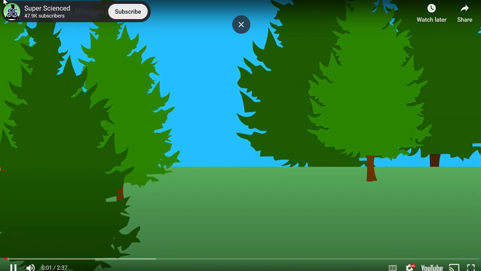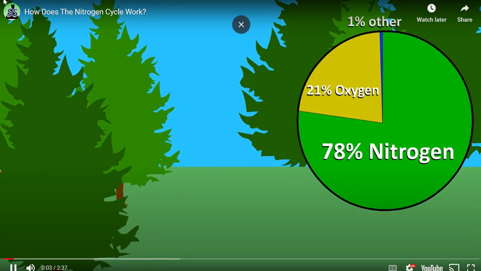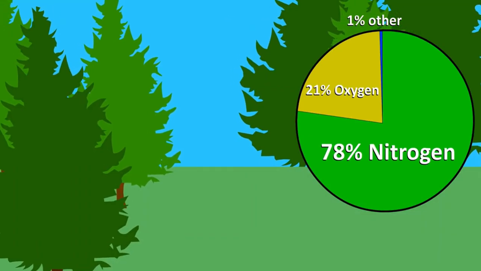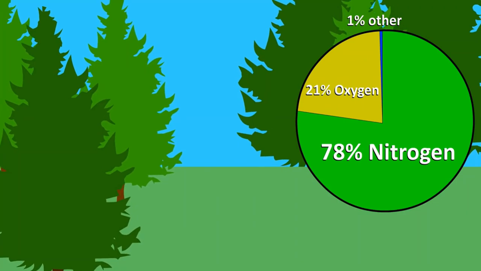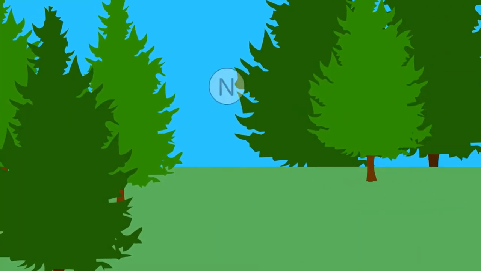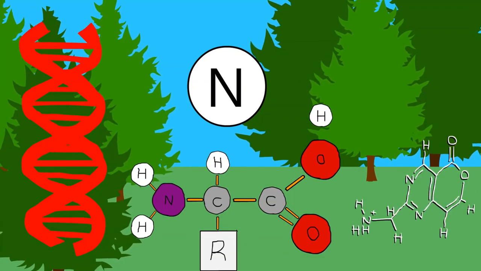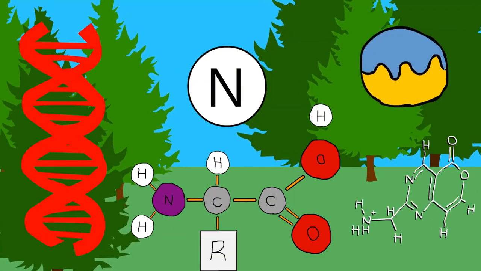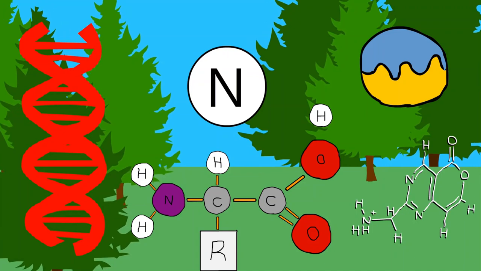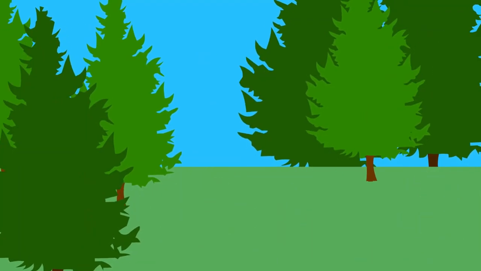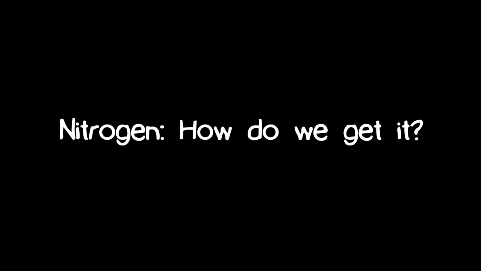You probably know that the air we breathe is made up of 78% nitrogen. It must be absolutely essential for life, right? Well, absolutely. Nitrogen makes up all living things' DNA, amino acids, proteins, and even enzymes. Nitrogen is really important. Oddly enough, though, we don't get the nitrogen we need from the air. So how do we get it?